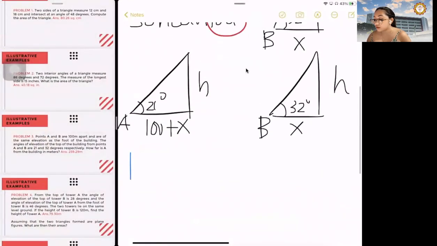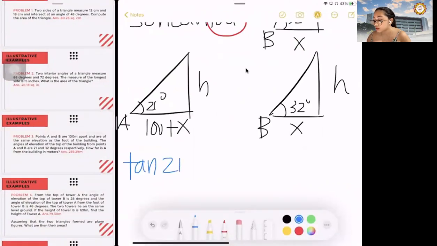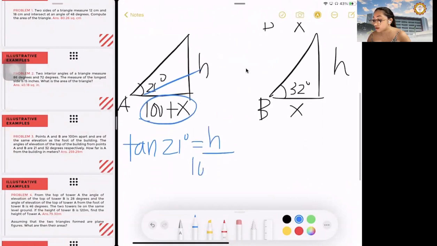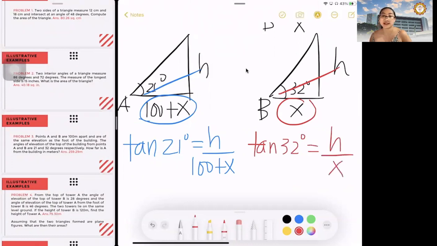Tangent of 21 degrees is equal to opposite over adjacent, H over 100 plus X. And for the second triangle made, opposite over adjacent, so tangent of 32 degrees is equal to H over X.